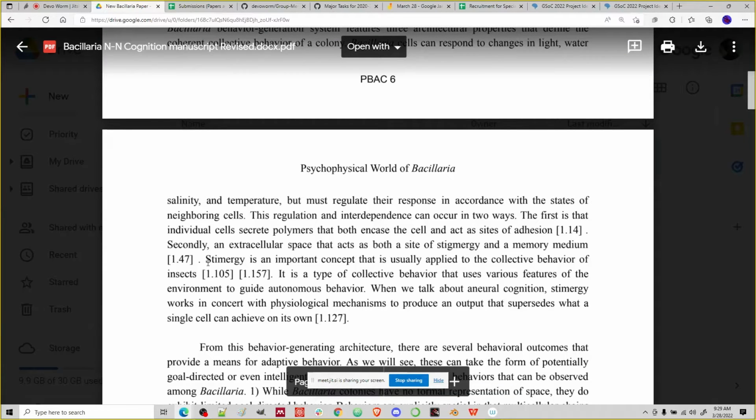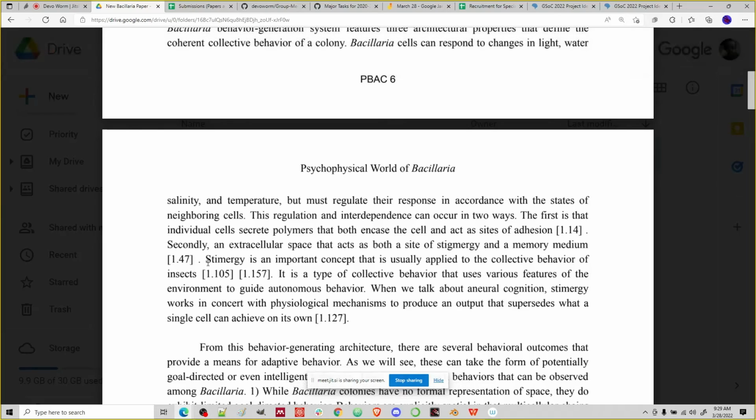A memory medium can be something like we have in humans, where we have long-term memory that has many steps to encode, and you can recall it at any time. Or it can be more like a physical memory, like if you push down on a surface and it recovers to its original shape.